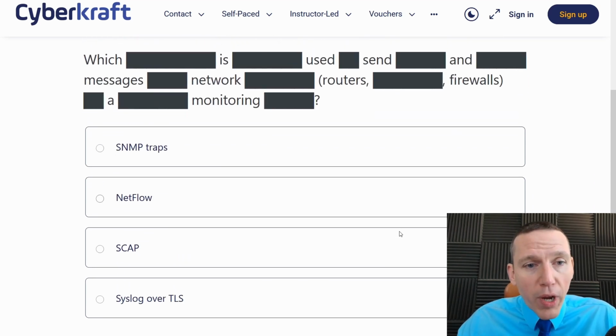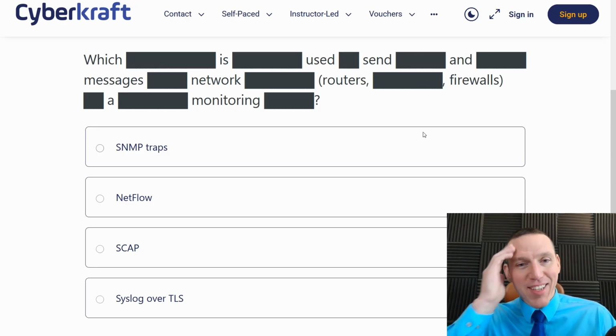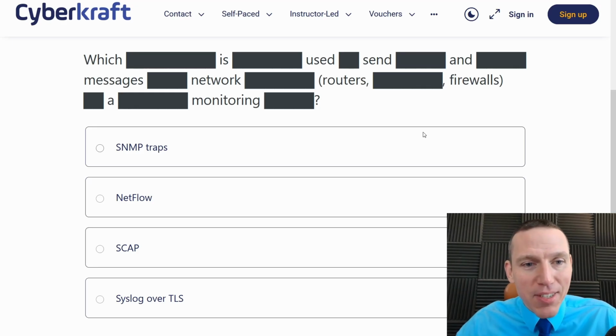All right. Which blank is blank used, blank send, blank, and I'm just going to read the words that are actually there instead of saying blank. And messages, network, routers, something firewall, a monitoring.